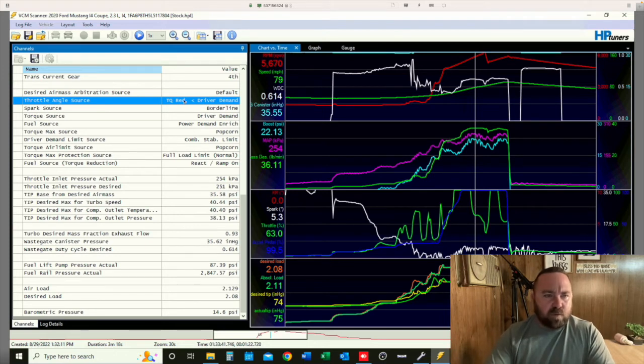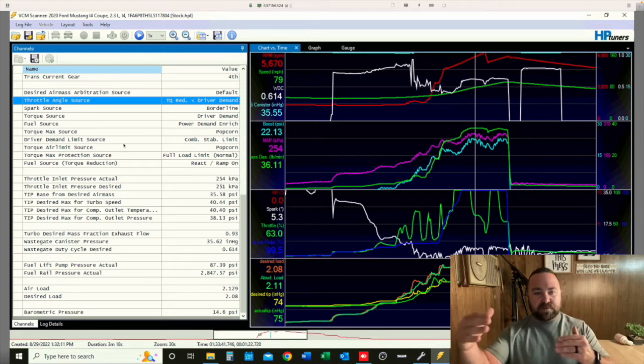Let's see what else we're running into. Air mass arbitration is default. Spark source is our borderline table, so that's good. Torque source, driver demand. Fuel source, power demand. Torque max is popcorn. I think that's LSPI tables. Driver demand was combustion stability limit.